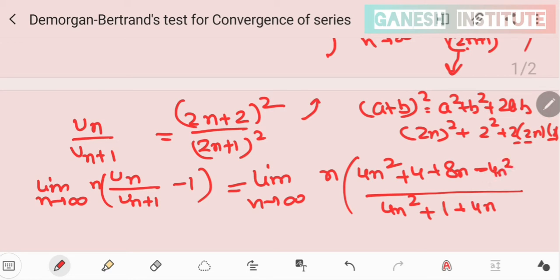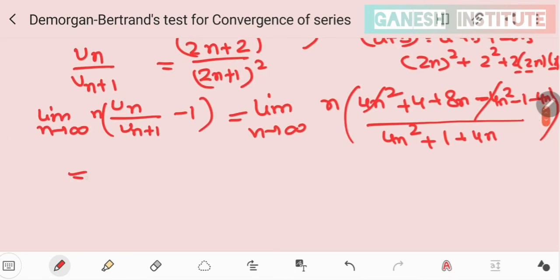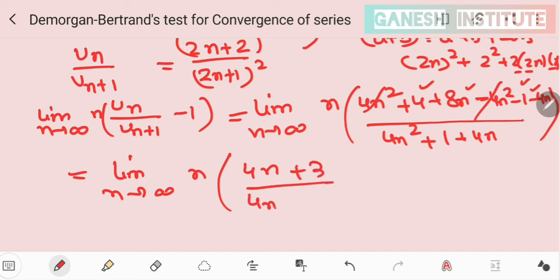That means 4n square minus 1 minus 4n, right? So 4n square got cancelled with 4n square. So you have got the value as 8n minus 4n is 4n, 4 minus 1 is 3, and this is it, right? So this is your value.